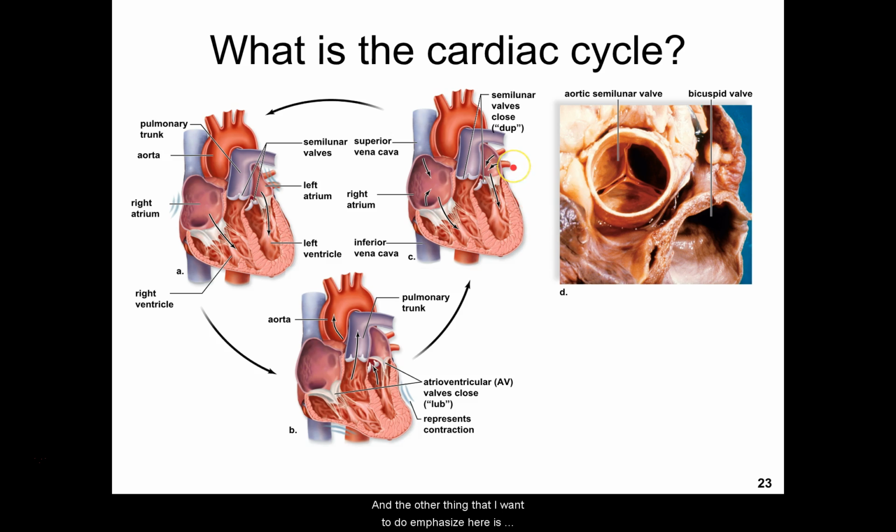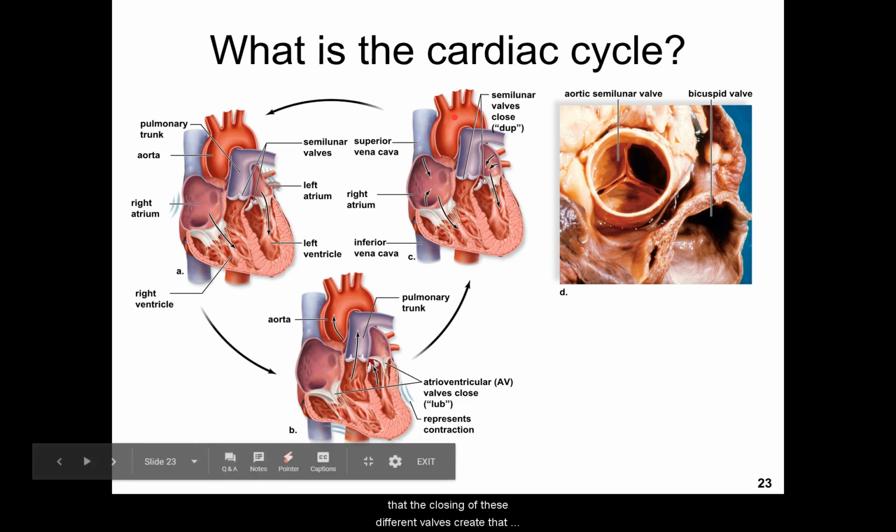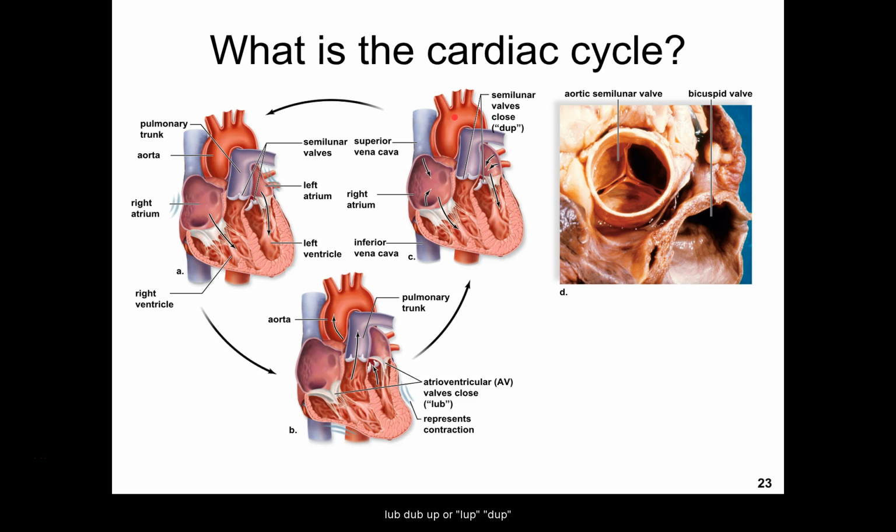The other thing I wanted to emphasize is that the closing of these different valves creates that lub-dub, or lup-dub if you prefer, depending on who you ask. The semilunar valves closing makes the dub, and the atrioventricular valves closing makes the lub.